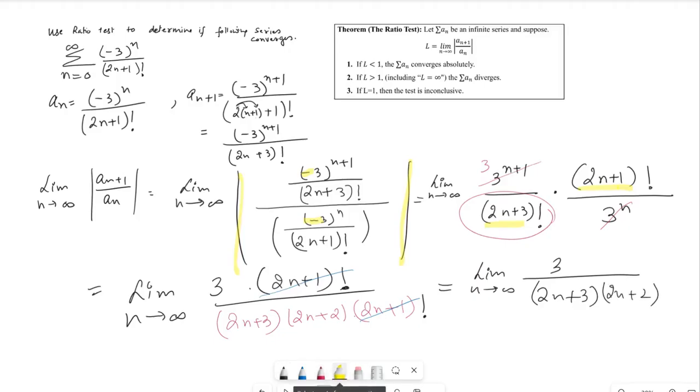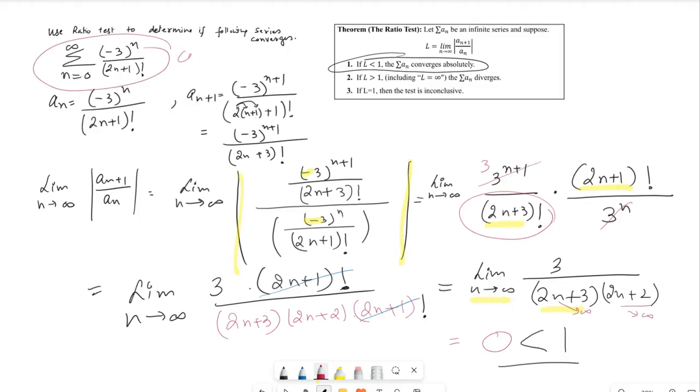Now, when n is approaching infinity, 2n plus 3 is going to approach infinity, and this is also going to approach infinity. So the whole thing is 3 divided by infinity, which is going to be 0. So we found the limit. What do we do now? We check. Is it less than 1? Is it more than 1? Or is it equal to 1? Clearly, 0 is less than 1. So we have our first case. The given series converges absolutely.